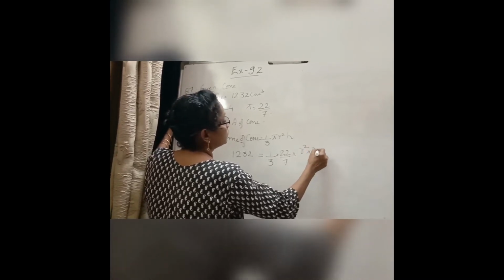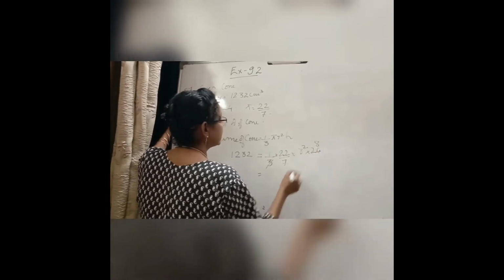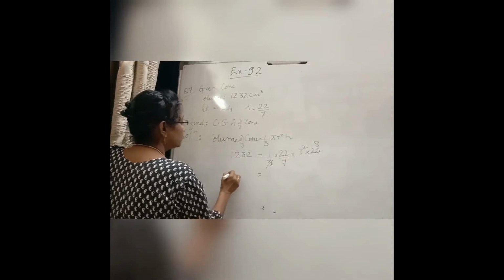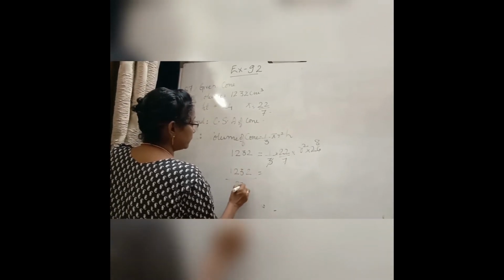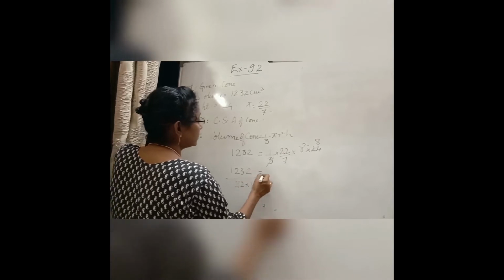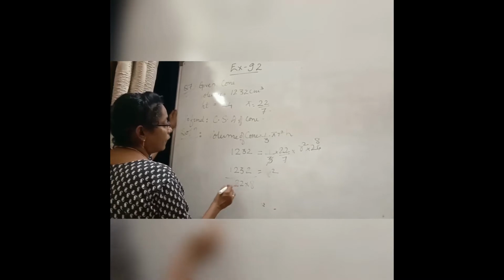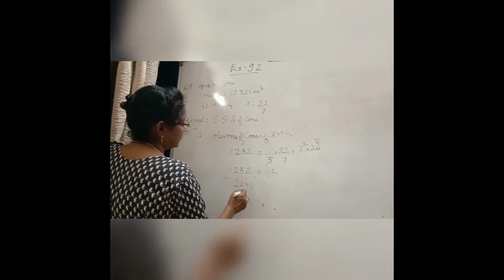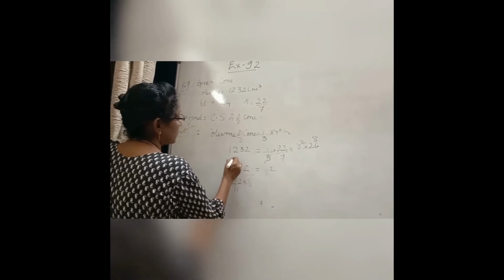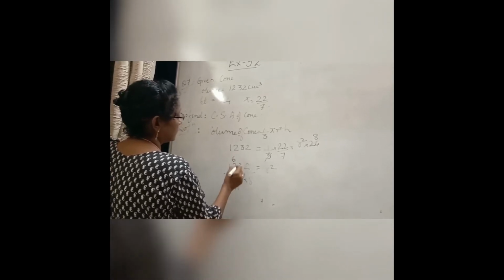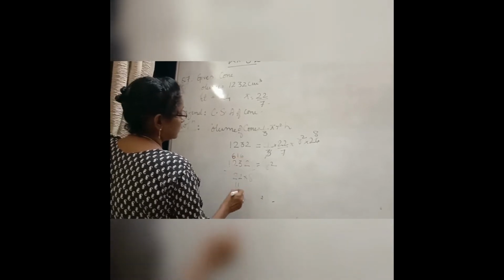is 24. So here 3 and 24 will be cancelled. So now 1, 2, 3, 2. Cross multiplying 22 will come here and 8 will come here, that is equal to r square. So 2 and this one will be cancelled. 2, 6 are, 1s are 6.